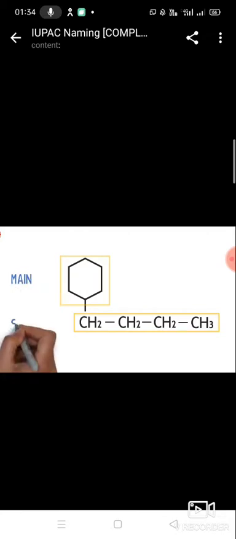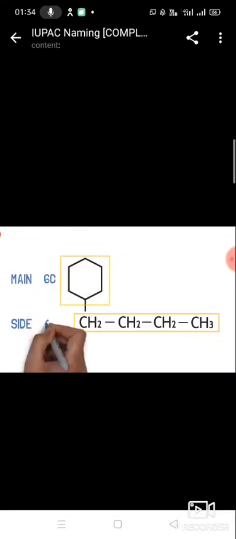So we have to take this cyclic compound as the main chain and the side chain as a substituent. How many carbon atoms are there in the ring? 6 carbon atoms. And what is the side chain? 4 carbon atoms.